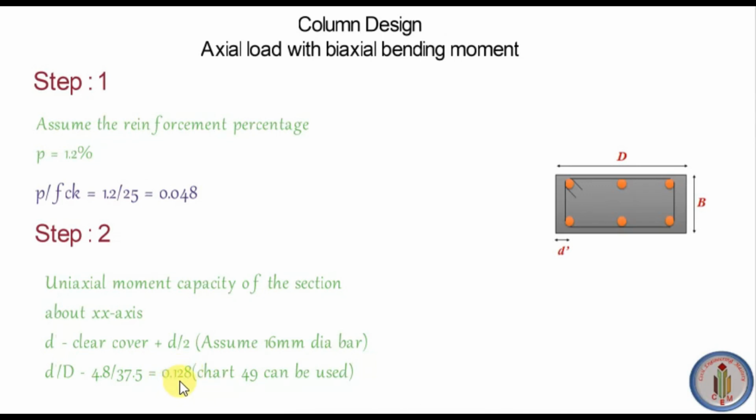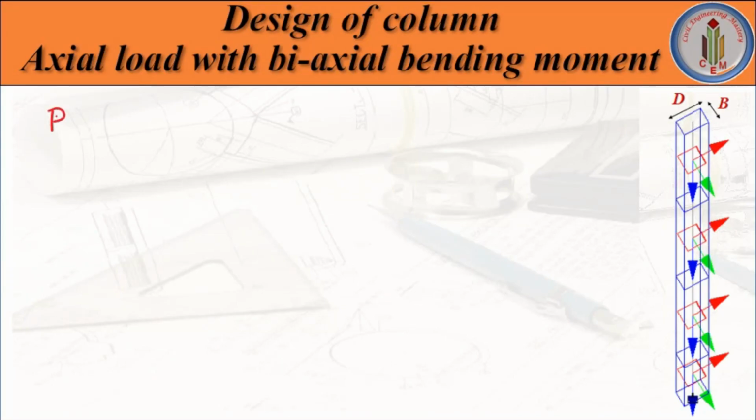For this value, let's round it off to 0.15, and then chart 49 can be used from SP16. Before going to the chart, let's calculate the value of PU by FCK BD. We know the value of PU, which is 402 kilonewton. Let's convert that into Newton.